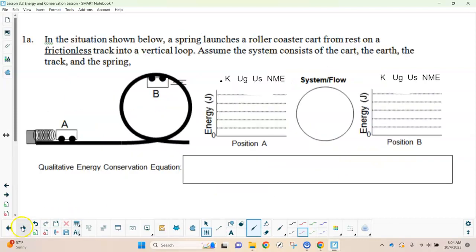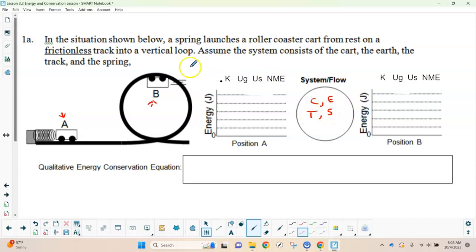So let's try a situation where we have a spring, which is going to launch this cart like in a roller coaster, and it's going to go around the roller coaster loop, and we're going to compare the amount of energy at point A to the energy at point B. And we're going to assume that the system consists of the cart, the earth, and the track, and the spring.